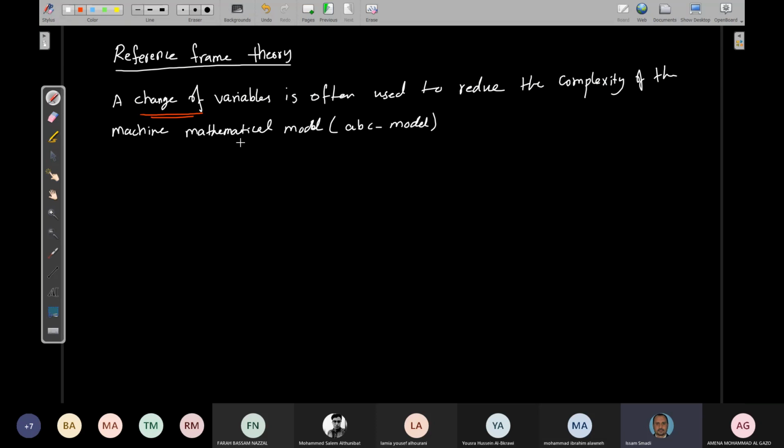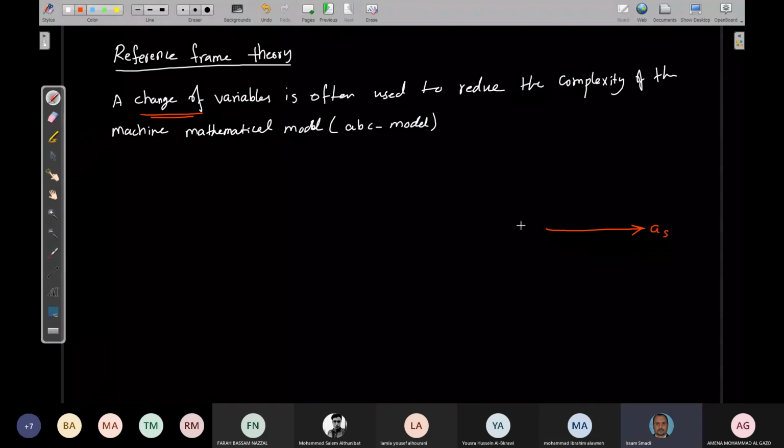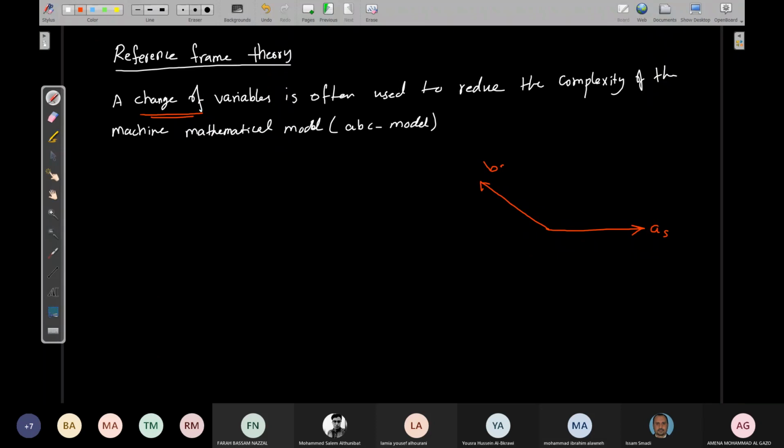The same thing here. Now, what I will try to do is have a virtual transformation in order to transfer the actual system, which is the A, the B, and the C, into another coordinate, into a virtual coordinate.